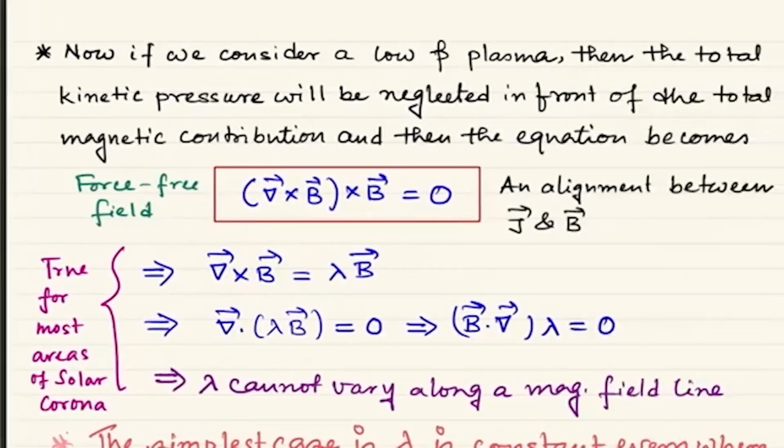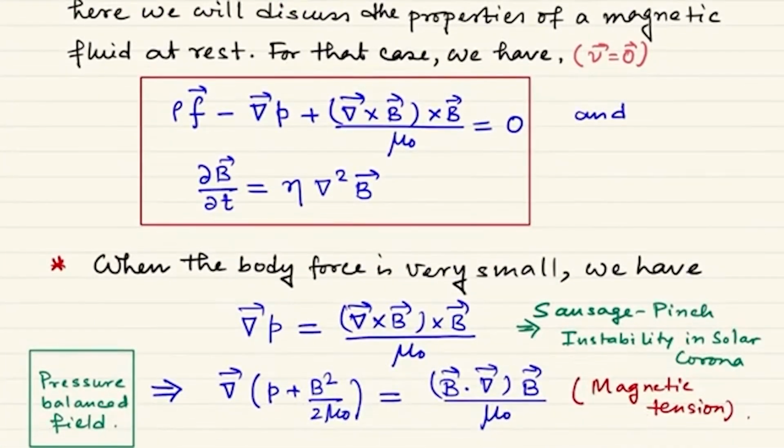After this step, finally we have a grouping of the terms into a pressure type of term and the tension term. Inside the pressure type of term, if we have a plasma whose beta parameter is very small, that means the magnetic pressure part largely dominates the kinetic pressure part, then you can simply neglect this pressure term with respect to this one.